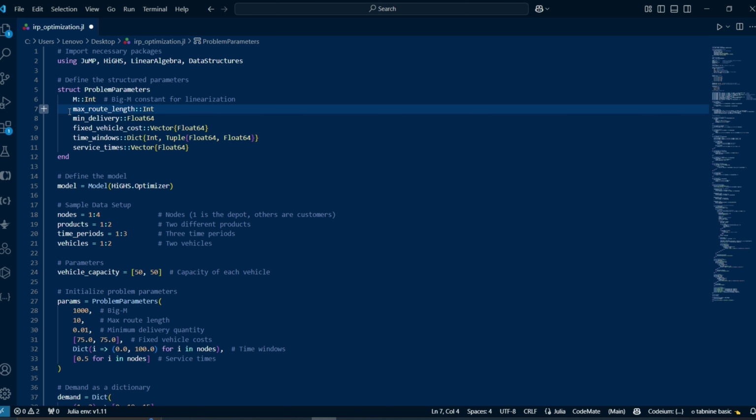Here, max route length represents the maximum allowable route length for any vehicle. Min delivery defines the minimum delivery quantity for any route to ensure efficient operations. Fixed vehicle cost stores the fixed cost associated with each vehicle. Time window is a dictionary that assigns time constraints to each node or location. And service times represent the time required at each node to perform deliveries or pickups.